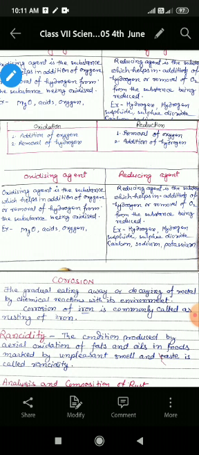Corrosion of iron is commonly called rusting of iron. We cannot use the term rusting for corrosion of other metals; it is used only for iron.